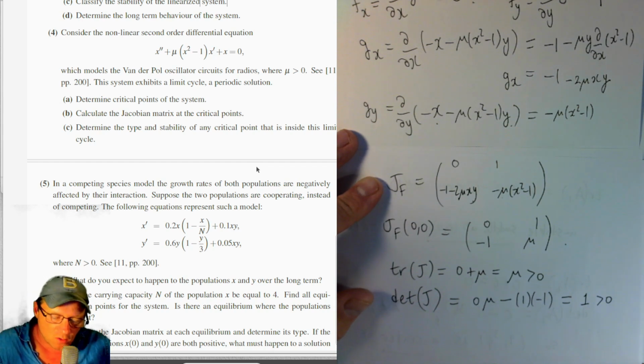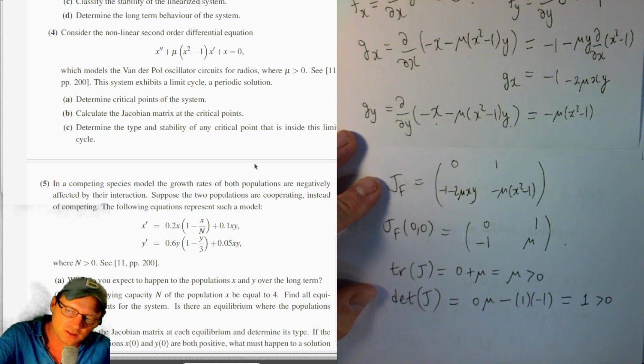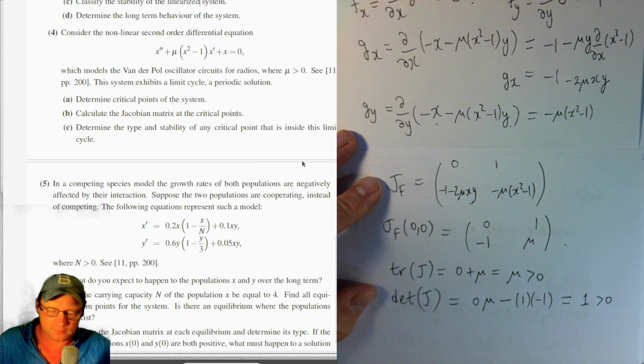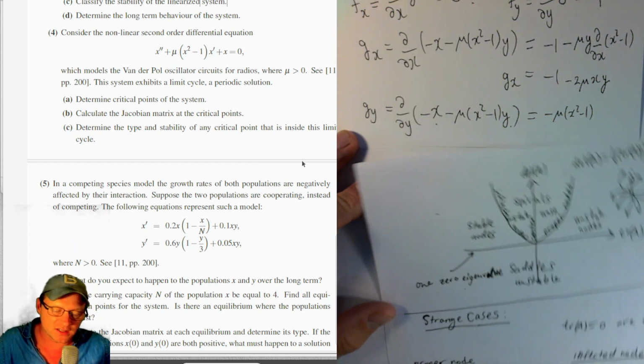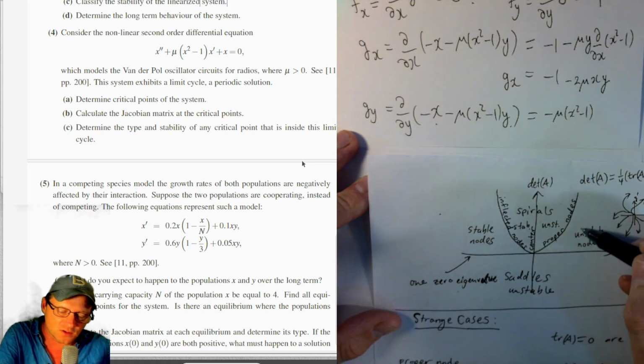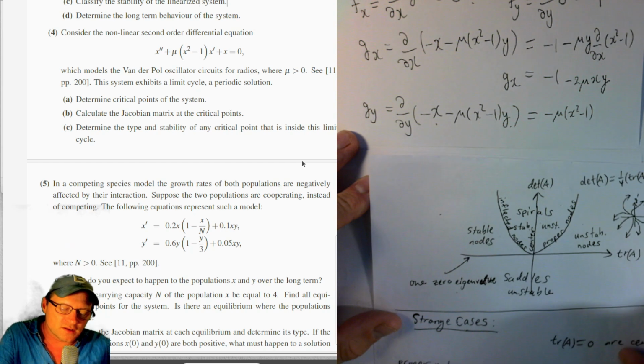Okay, so now we know that the matrix lies in the first quadrant of the stability chart, which I'll show you again. So the first quadrant of this chart, what we need to do is decide, is it on this side or is it on this side of the curve?